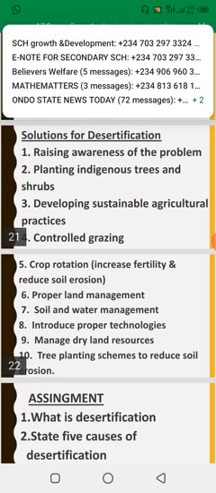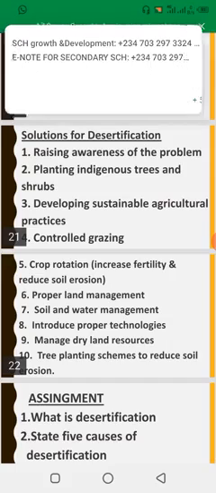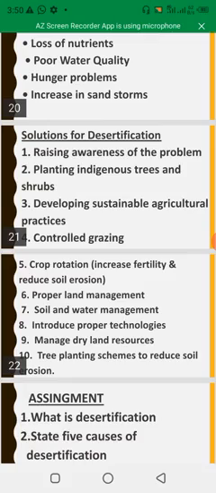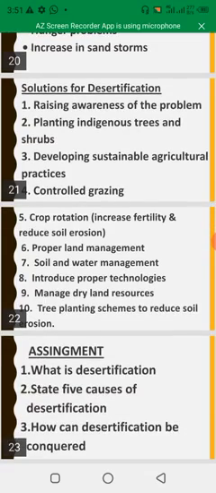Then also practice crop rotation. Then engage in proper land management, and also soil and water management.